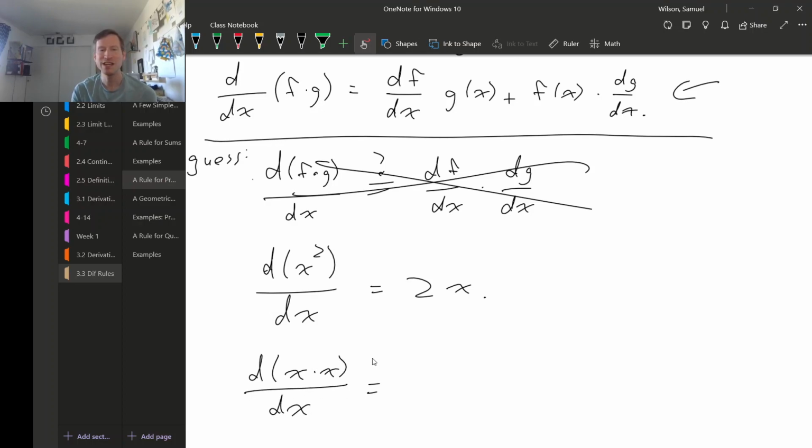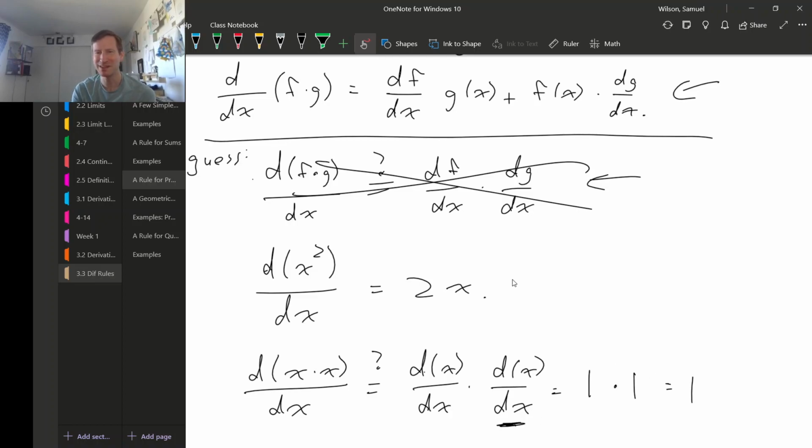So if we used this false product rule here, and we guessed that it should be the derivative of the first piece times the derivative of the second piece, well, the derivative of x with respect to x is 1, and then the derivative of this x with respect to x is 1. So we just get 1, but that's not what we were supposed to get. So, this shows that this tempting guess for the product rule is not the correct thing.